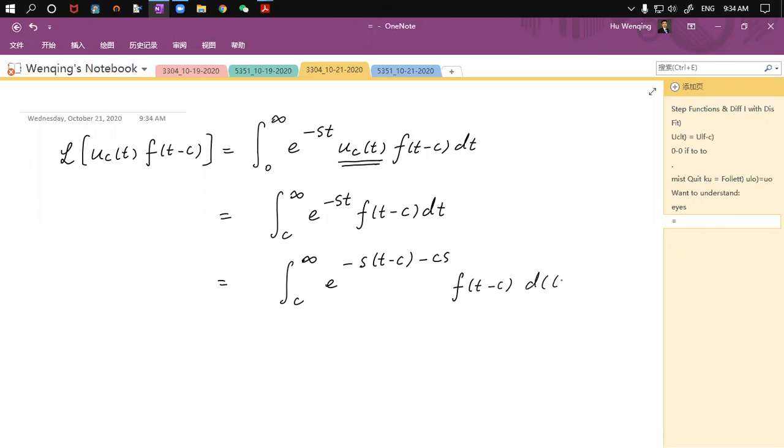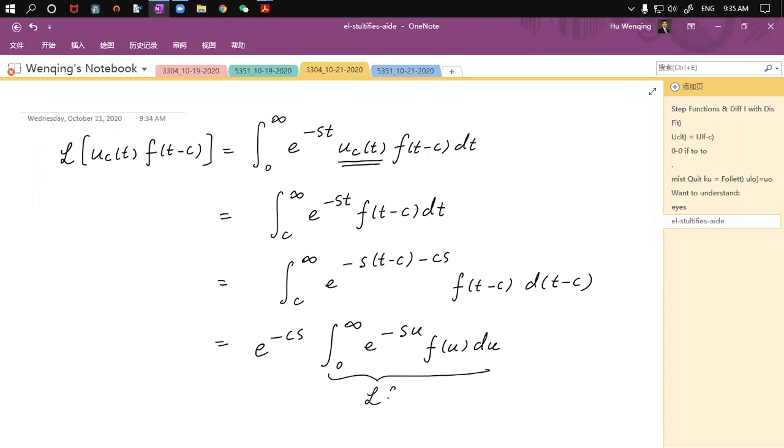I'm going to replace t minus c by u. So in the end, you can pull e to the minus c s out, and the integral after change of variable is just e to the minus s u multiplied by f of u du, and this part is nothing but the Laplace transform of f. Is that good for everybody?